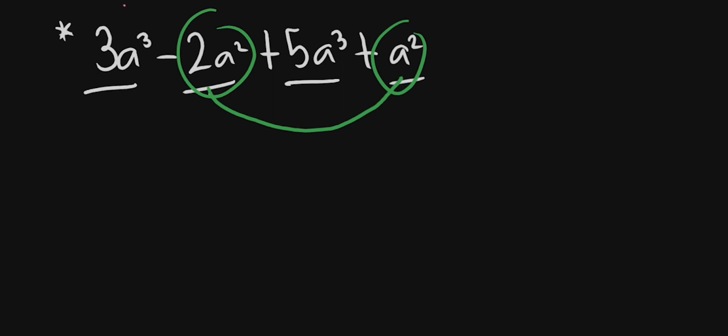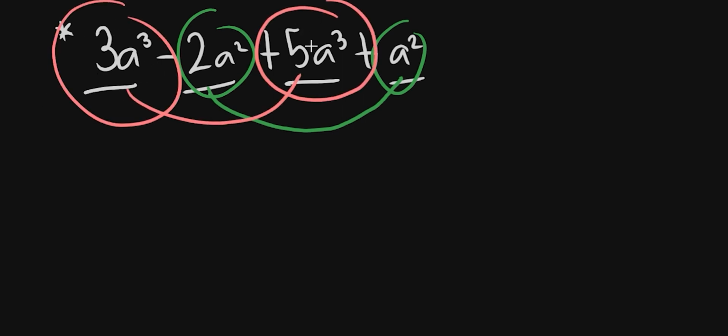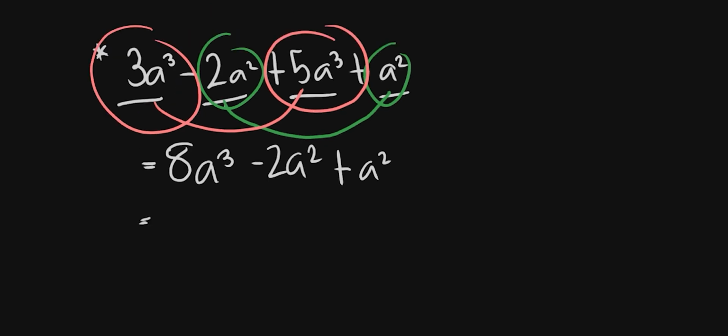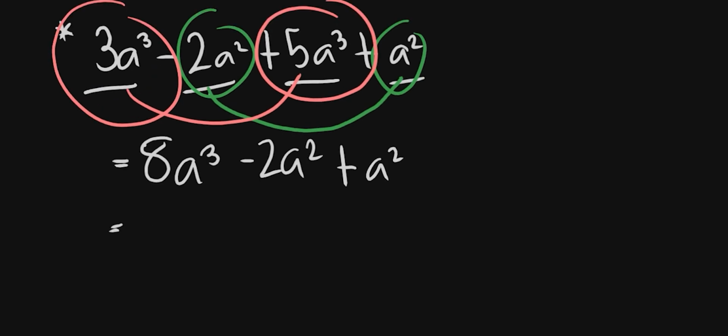So 3a cubed plus 5a cubed would result to 8a cubed. Then negative 2a squared plus a squared would result to negative a squared.